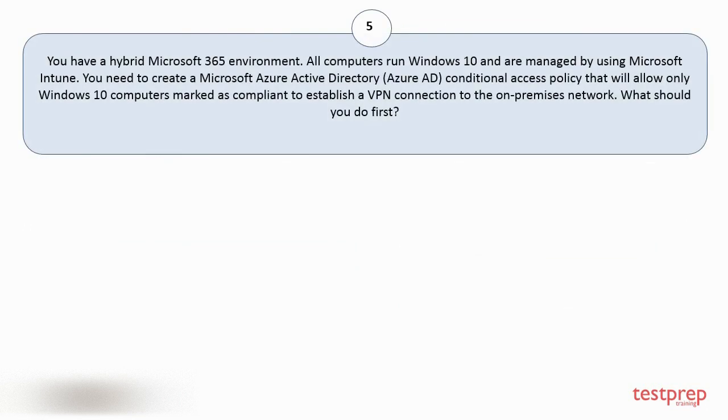Question number 5. You have a hybrid Microsoft 365 environment. All computers run Windows 10 and are managed by using Microsoft Intune. You need to create a Microsoft Azure Active Directory, Azure AD, conditional access policy that will allow only Windows 10 computers marked as compliant to establish a VPN connection to the on-premises network. What should you do first?